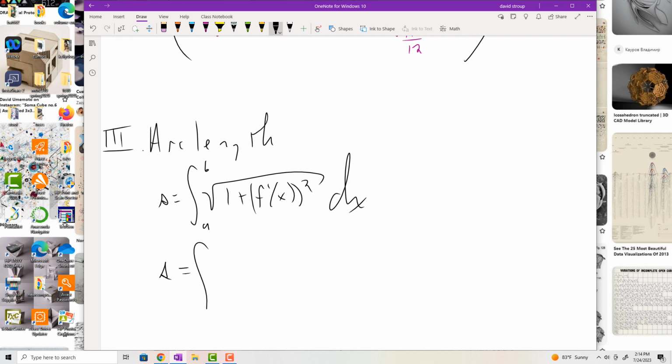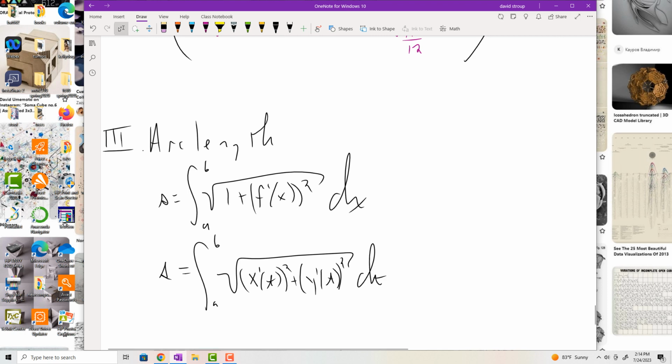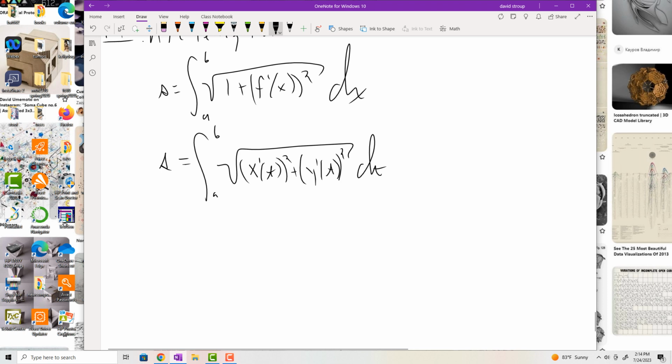The parametric form, now in terms of t though, so maybe we should change it from A to B, but I'm too lazy, will be the integral of the square root of x prime of t squared plus y prime of t squared dt. And of course you could then put in the conversion formulas.